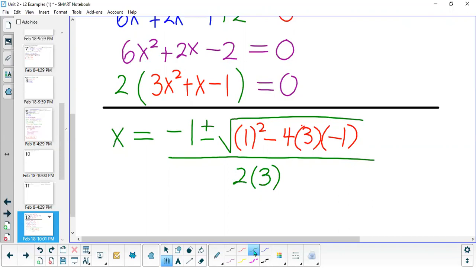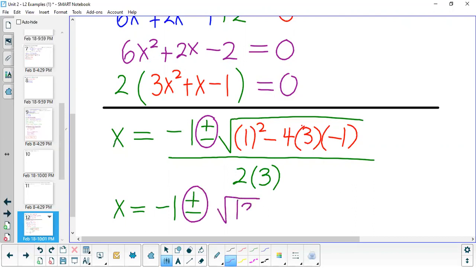And that will give me x is equal to -1 plus minus radical 13 all over a denominator of 6. You have to always remember there is a plus minus here.